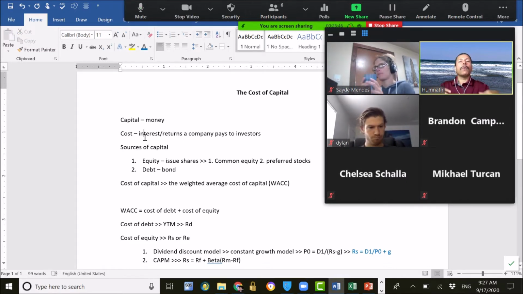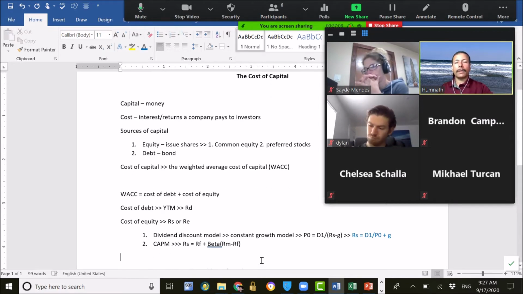Now you know there are two sources of capital. When you combine them together, we call it WACC, the weighted average cost of capital. And we're going to consider the cost of capital after tax.